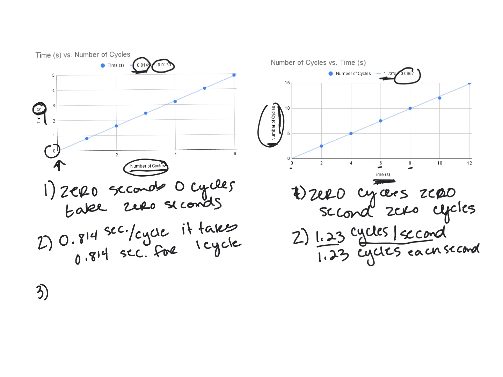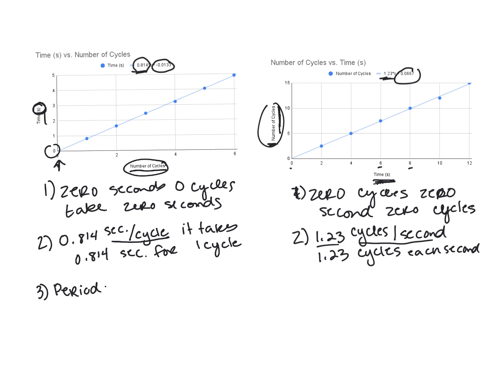Now, we don't know the definitions of period and frequency right now, so here I'm going to tell you what the definitions are. So period tells us the number of seconds for 1 cycle. So since period is the number of seconds for 1 cycle, this first graph where my unit is seconds per cycle tells me my period.